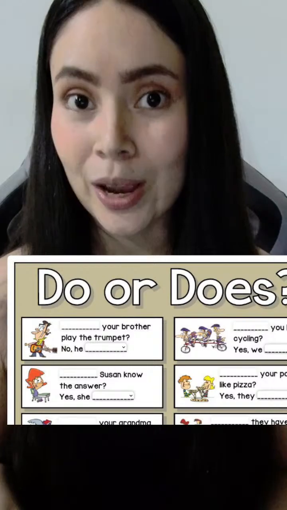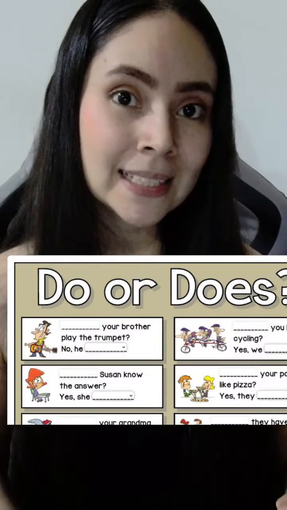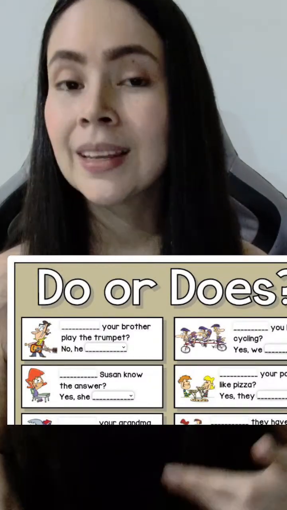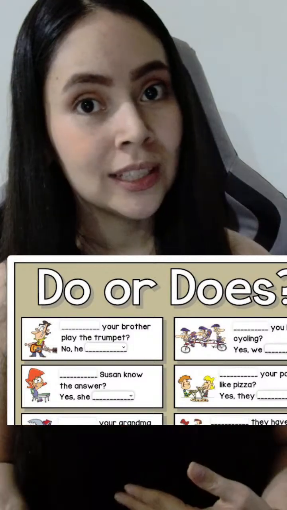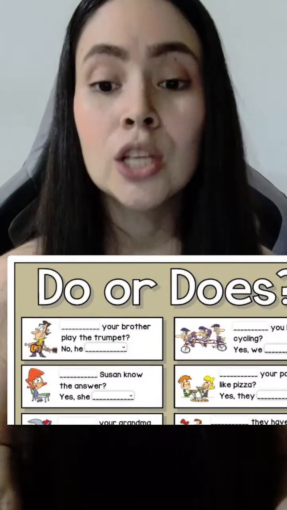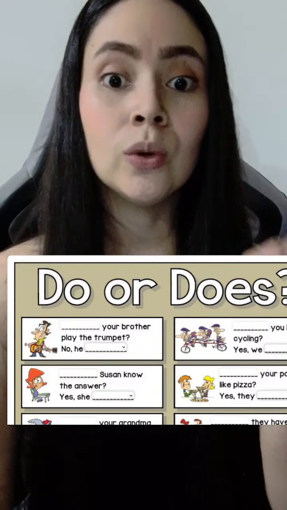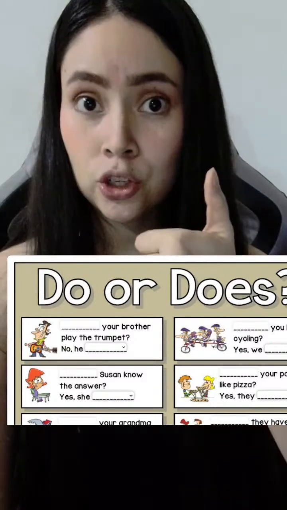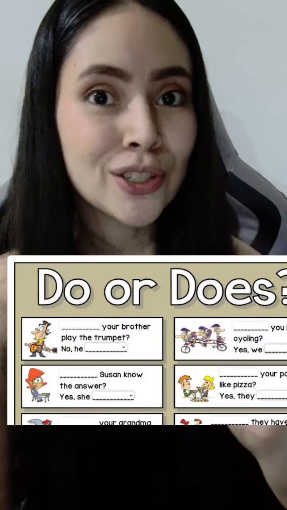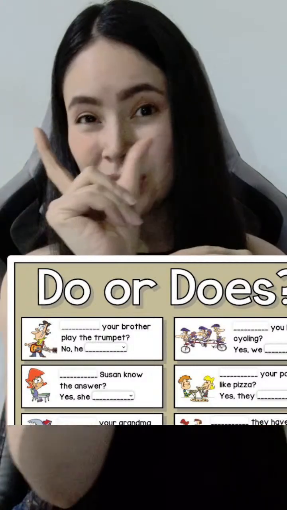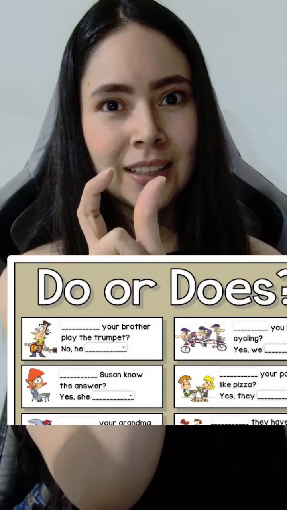And the answer of these questions is a yes or a no. So here we will use the auxiliaries do and does in the question and also in the short answer.